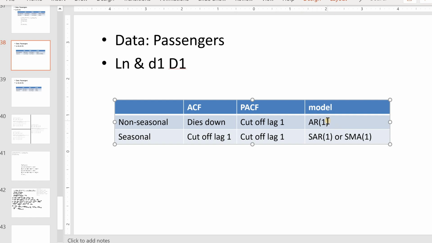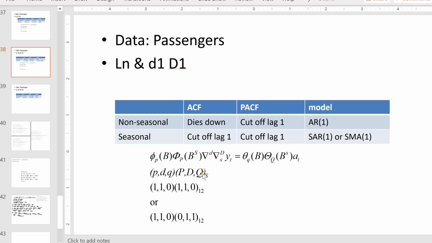So we need to combine them, AR1 and then SAR1, and then another tentative model, AR1 and SMA1.